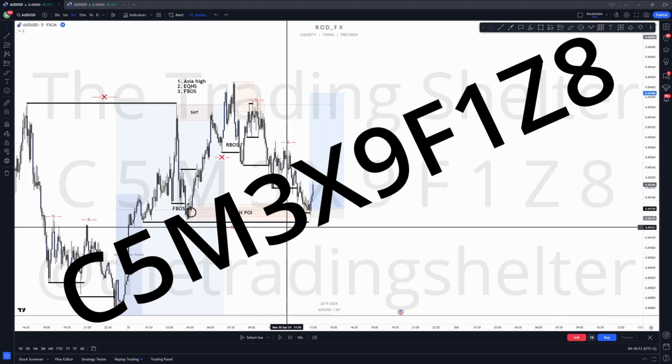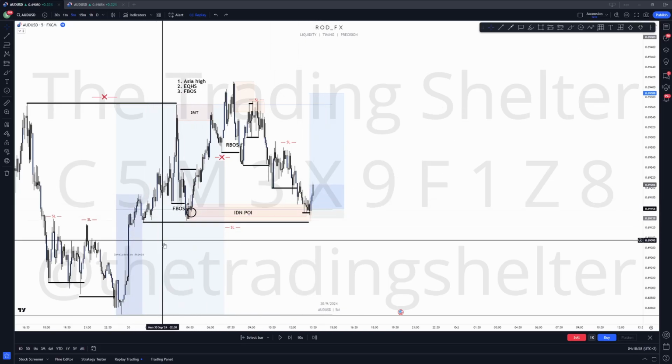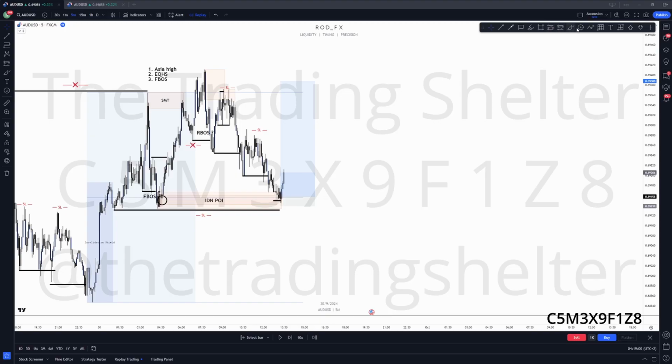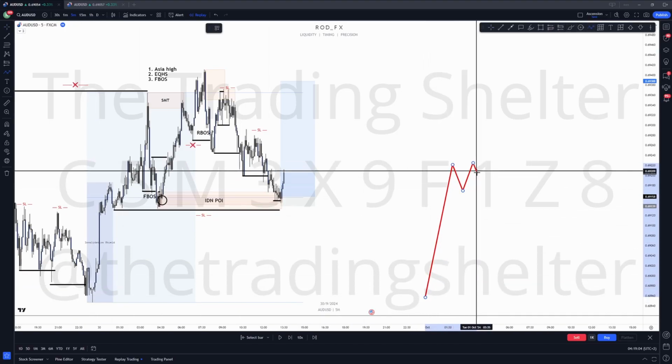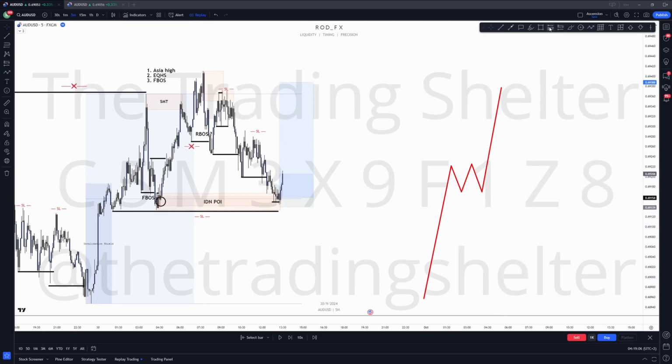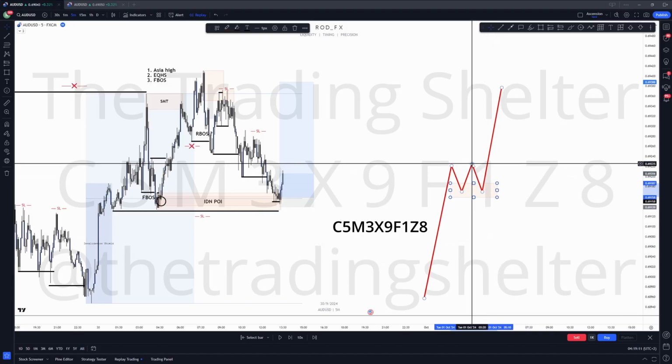Equal lows come and are solidified by this point. This is just not enough, especially this price here. They see this, then validation shield. This is what you're asking these guys to trade.